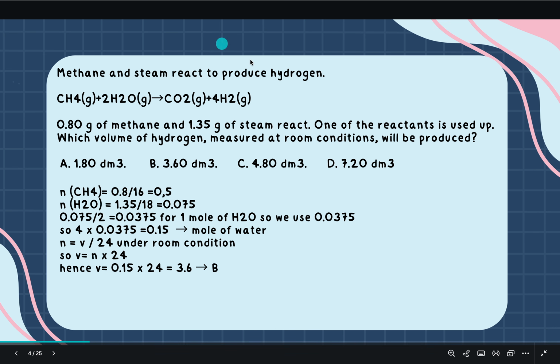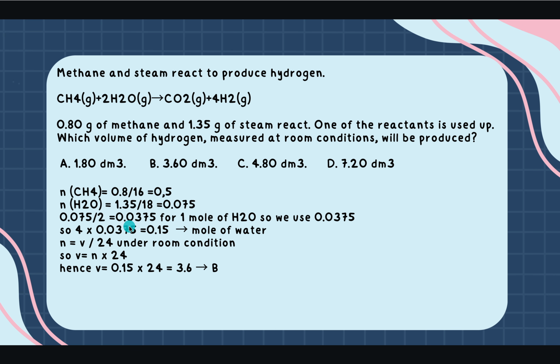To find the answer to this question, we have to find the amount of substance of methane first, by finding 0.8 divided by 16, which equals 0.05. To find the amount of substance of water, we divide 1.35 by 18, and we get 0.075. 0.075 is for 2 moles of water, so we divide that by 2, which equals 0.0375.